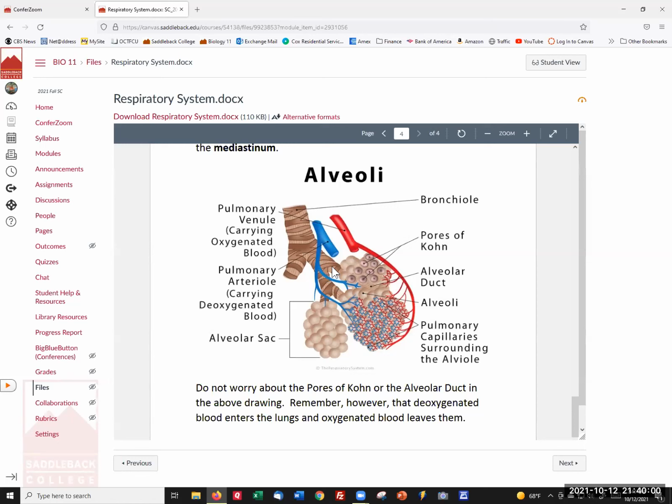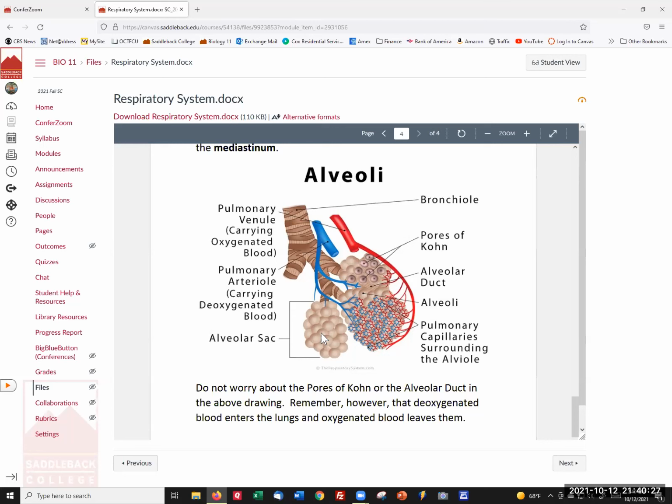Then you get a subdivision here, and it's not listed, respiratory bronchiole, the next one. And then it enters into an alveolar sac. Here's the alveolar sac here. Looks like a bunch of bubbles. The air comes into the sac, it's a dead end.